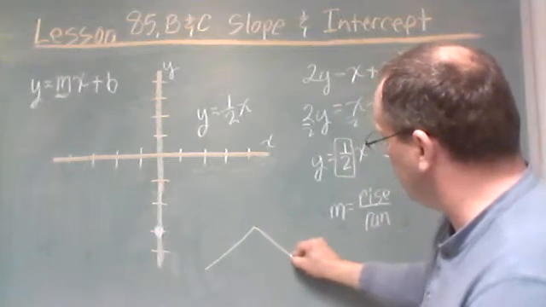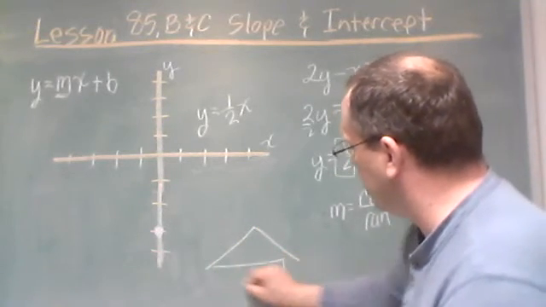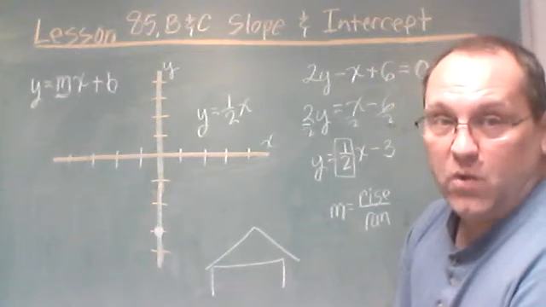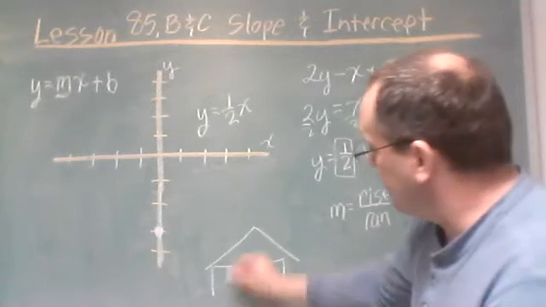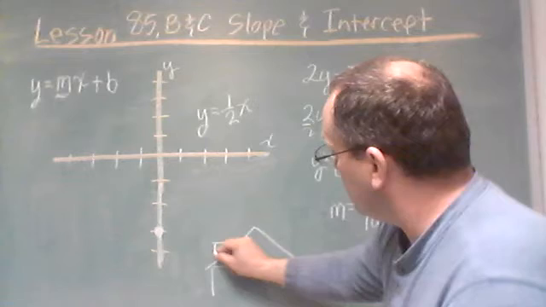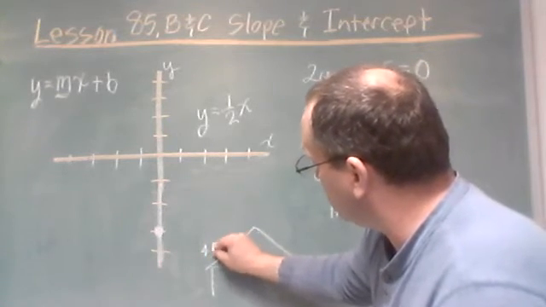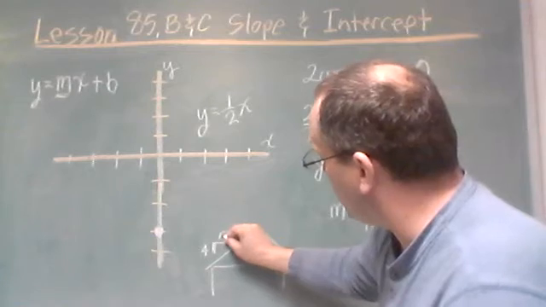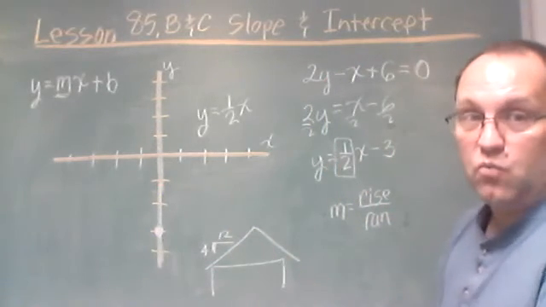Think of it as a roof. We express roofs in terms of slope. They'll say a 4 and 12 slope on a roof. That means the angle of the roof rises 4 units for every 12 units of horizontal run.